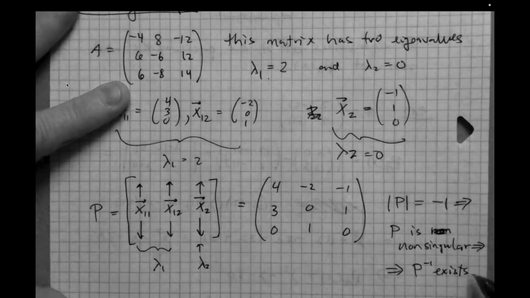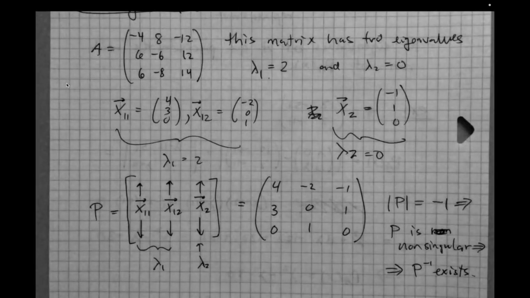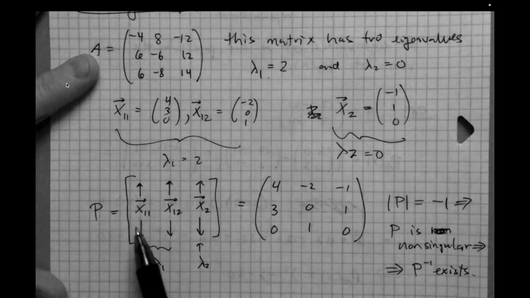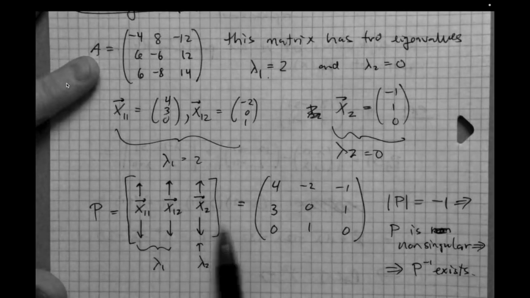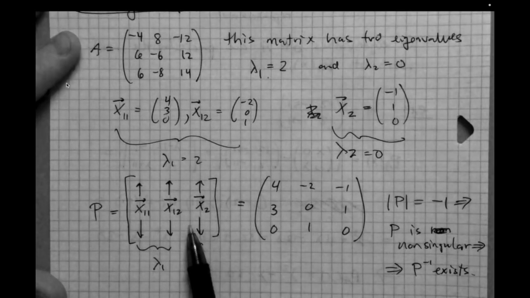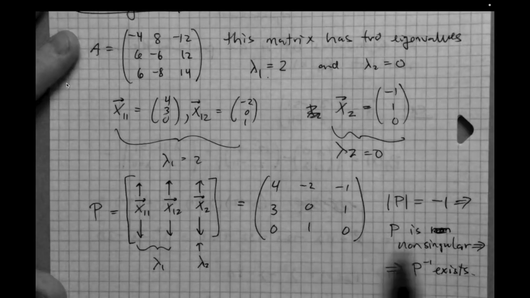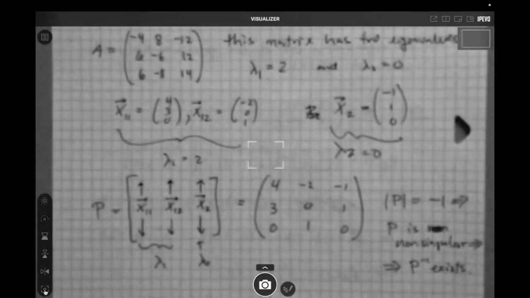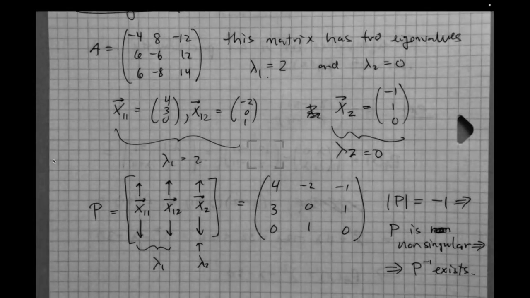We need the inverse of P to exist in order for this to work. The columns have been built up from the eigenvectors, and we've determined that P has an inverse. We didn't find the inverse yet, but we determined that it exists, identified through the value of the determinant.